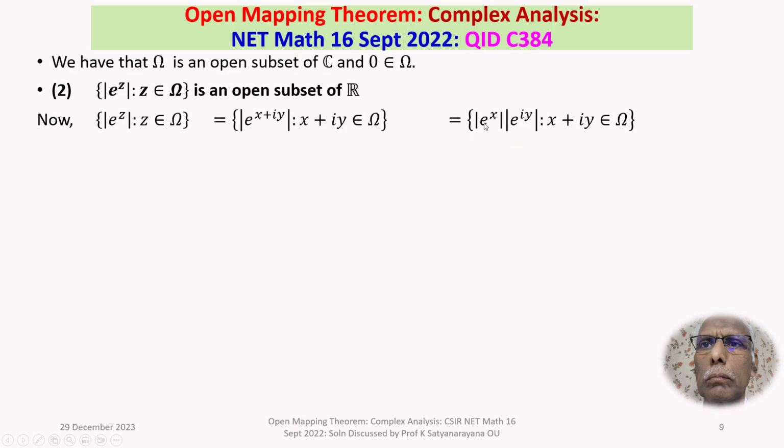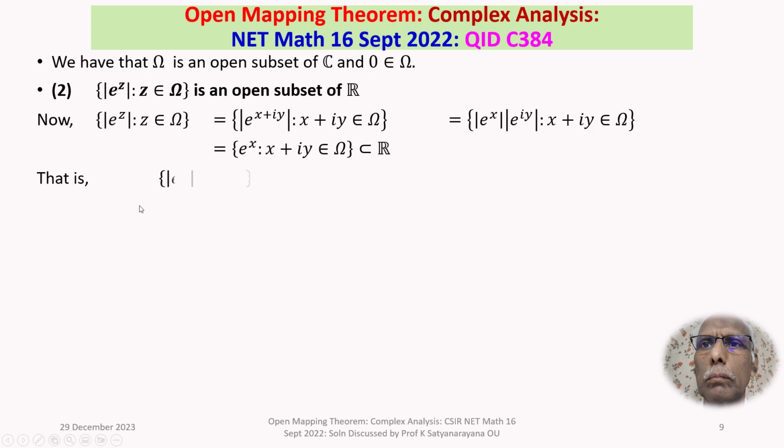Agreed. So mod of e power x is just e power x, because e power x is always positive. This is the set of all e power x where x plus iy belongs to omega, and this is a subset of R because e power x for x belongs to R is a real number.